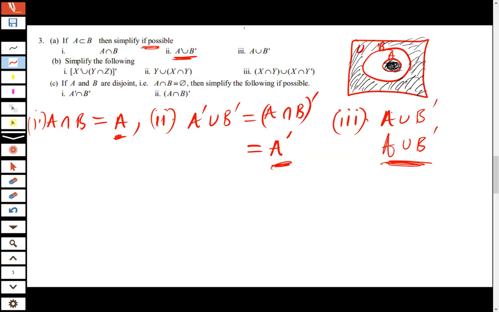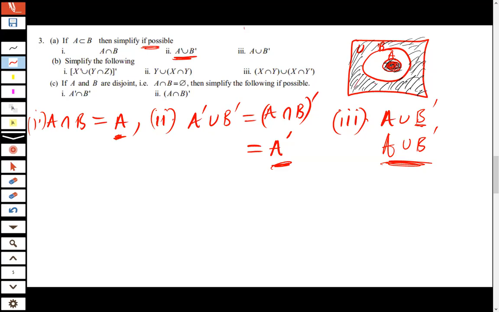All right. So for this one, while we ended, I was saying you can solve it properly by shading. You draw the Venn diagram like the way I drew here. Then from there you shade A, which we shaded to be this part here. After shading A, you also shade B complement.